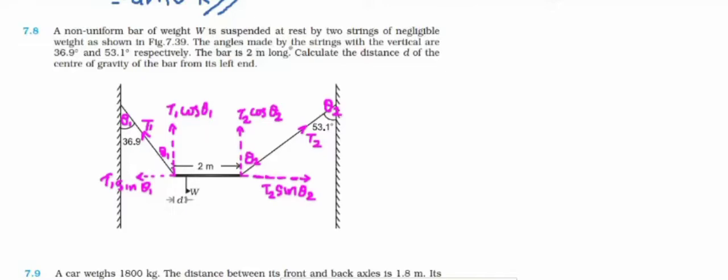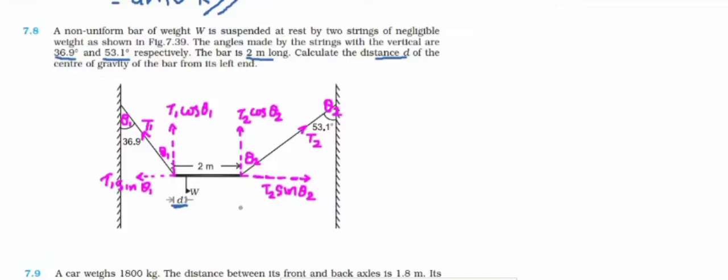The angles made by the strings with the vertical are 36.9 degrees, which we take as theta 1, and 53.1 degrees, theta 2. The bar is 2 meters long. Calculate the distance d of the center of gravity of the bar from its left end. That means we need to calculate the value of d.